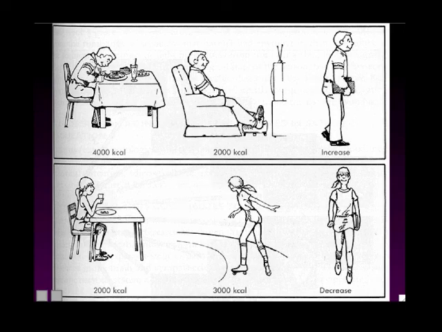And here's the opposite scenario. This woman here, she takes in 2,000 calories per day, but it looks like she's very active, and so her body burns through 3,000 calories per day. She's going to lose weight. Anytime you use more calories than you take in, your body has to make up that deficit by burning through your own molecules, which is mostly your body fat.